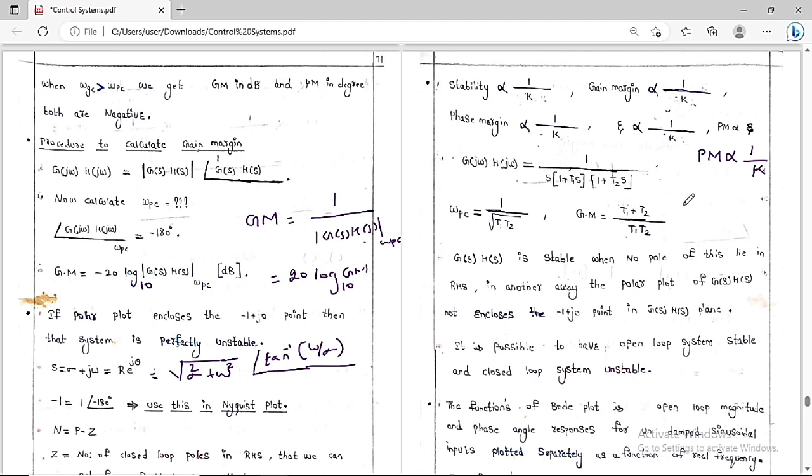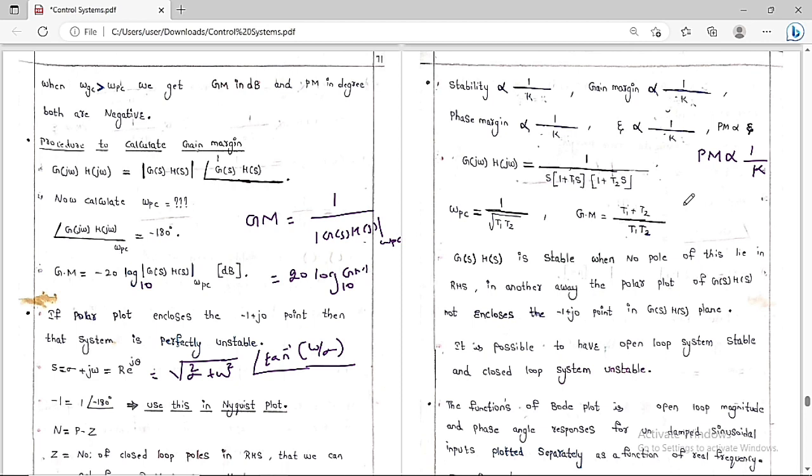Therefore, whenever the open loop transfer function G(s)H(s) is equal to 1 by s into (1 plus T1 s) into (1 plus T2 s), the phase crossover frequency is equal to 1 by under root of T1 T2, and the gain margin is equal to (T1 plus T2) by T1 T2.